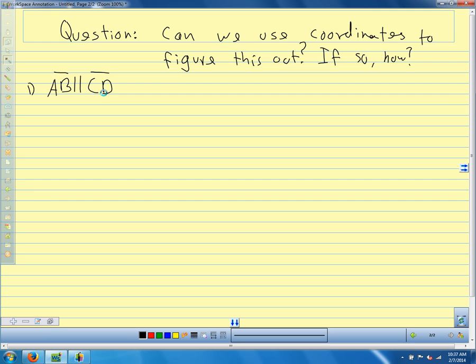Is this something coordinates is useful for? What do we think? I have a no. So parallel, can we figure things out about parallel lines with coordinates? So Lydia says yes. We have a no and a yes. Anybody else? What did we do in our example on block day with that rectangle that we had graphed? What did we do with the opposite sides? We calculated slopes, right?